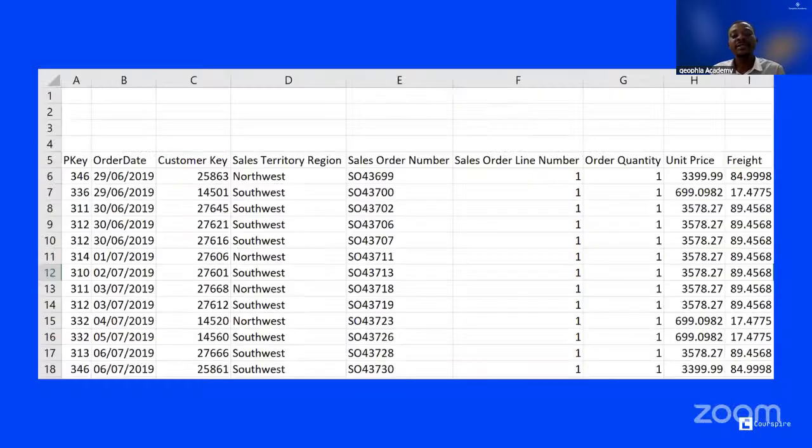Pennywise collects a vast amount of data from various sources, such as sales transactions, inventory, customer feedback, as well as online engagement. Now, this spreadsheet has just 18 visible rows, but the whole document has more than 78,000 records.